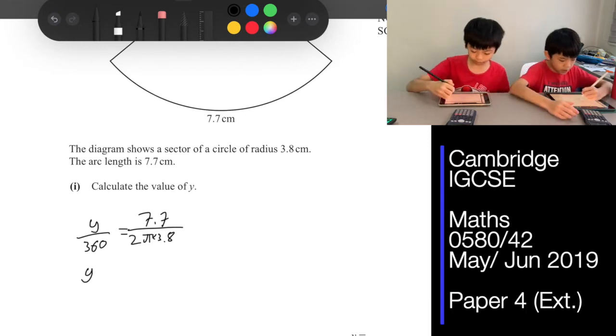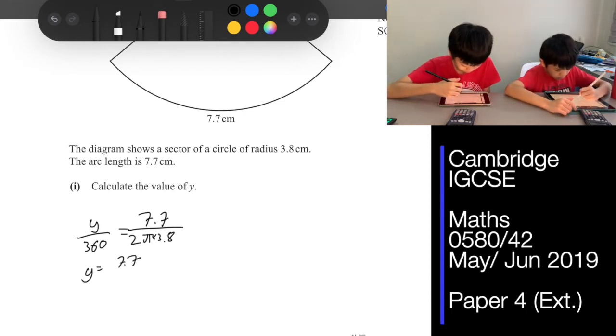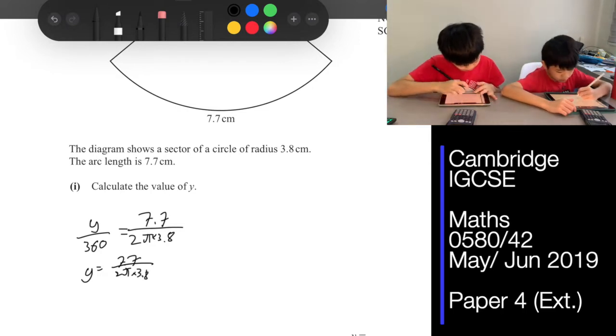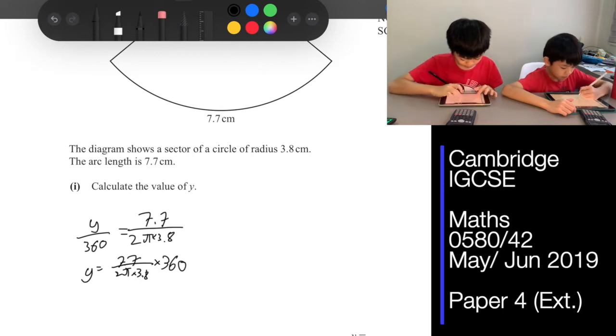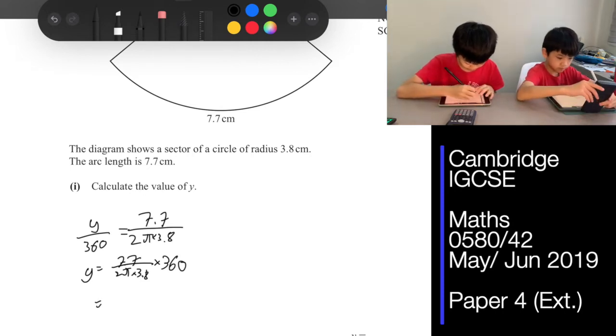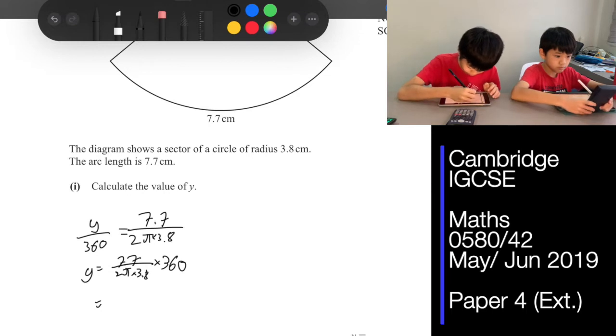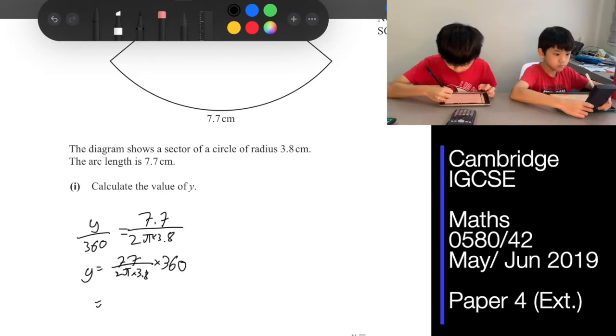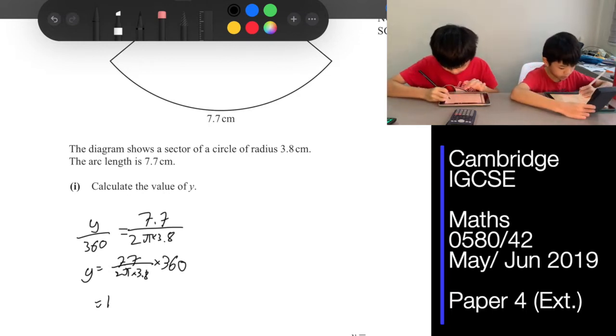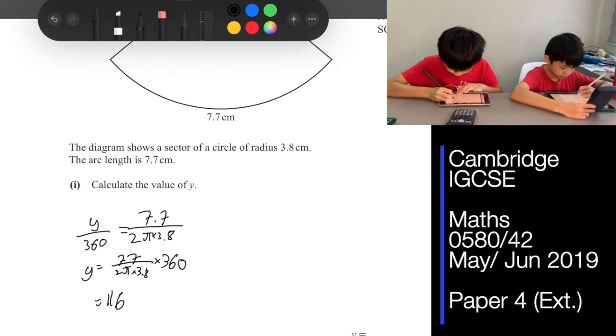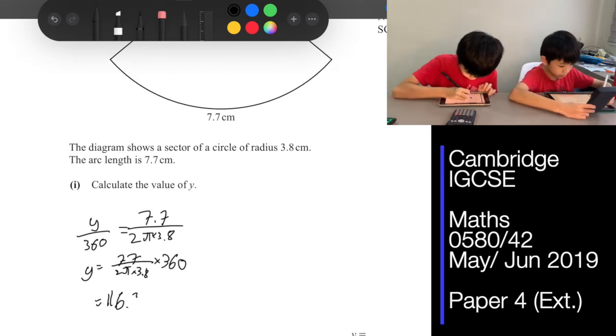And so y equals 7.7 over 2 pi times 3.8 times 360, which is 116.1.